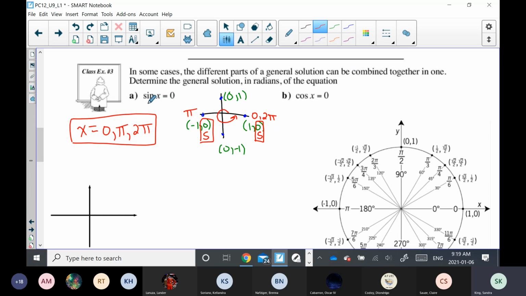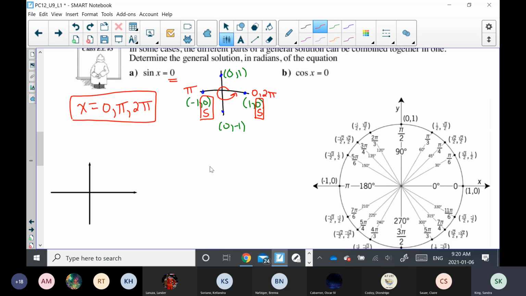If you typed into your calculator the sine of pi and hit enter, or the sine of 2 pi, or the sine of 0, the number 0 would spit out. Okay, how do we write the general solution for this? This one's a little bit more complicated.